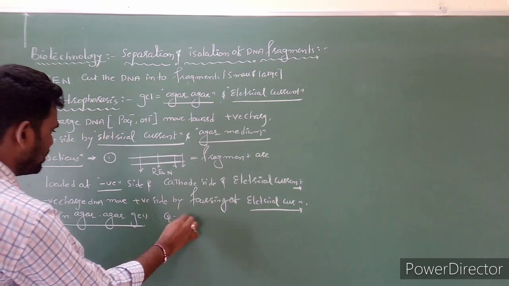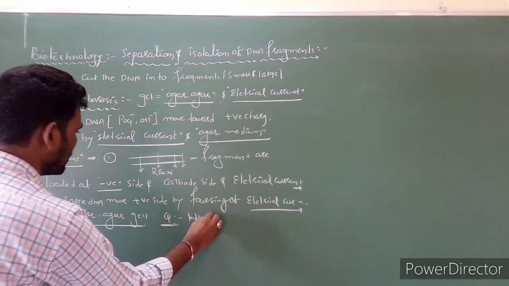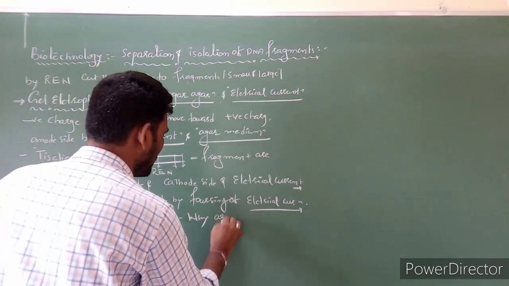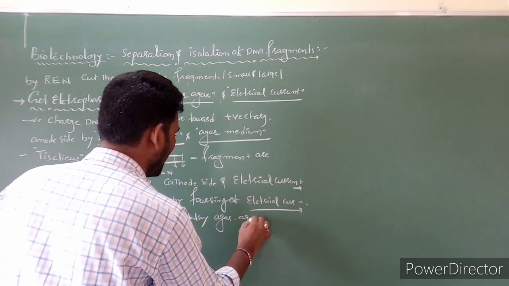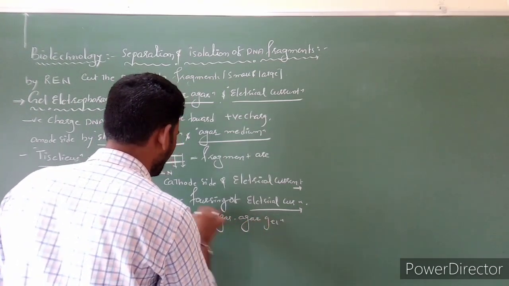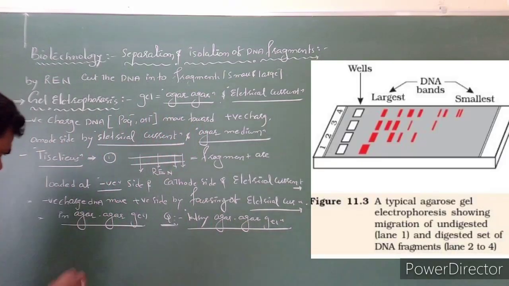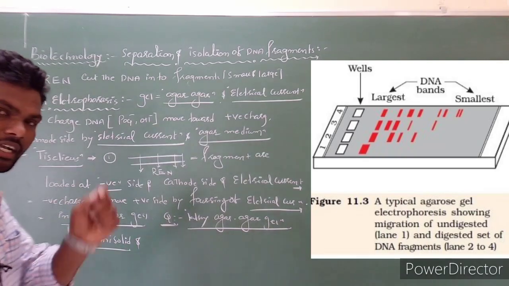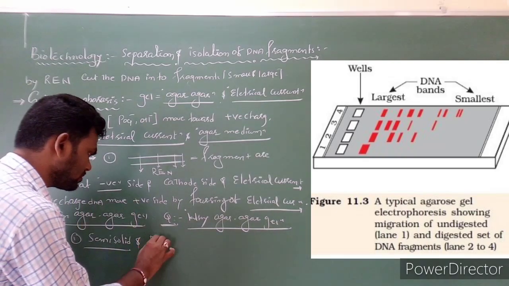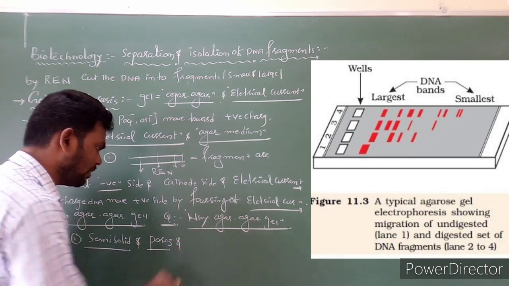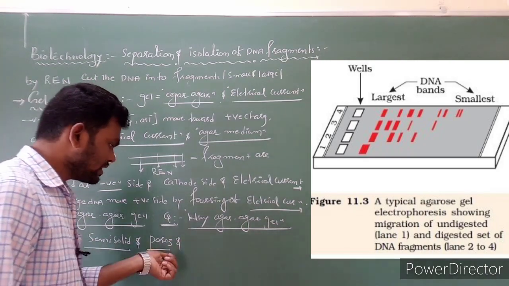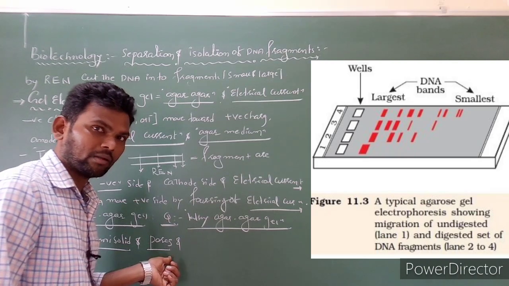The question here is why we are using agar gel, and why not any other compounds? The first answer is that it is a semi-solid and it has small pores. These pores are essential for the traveling of DNA molecules.